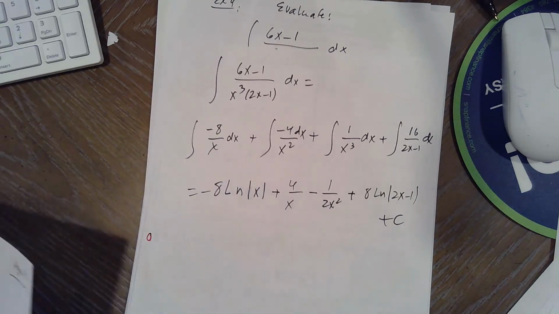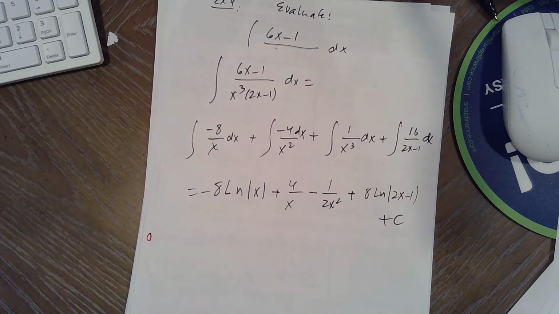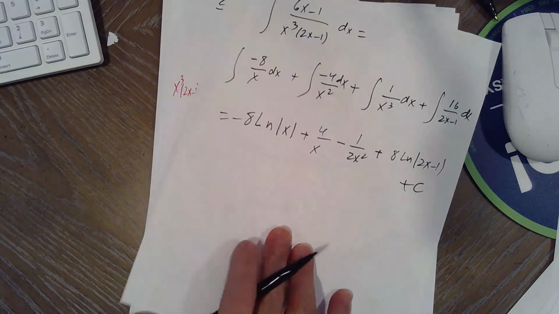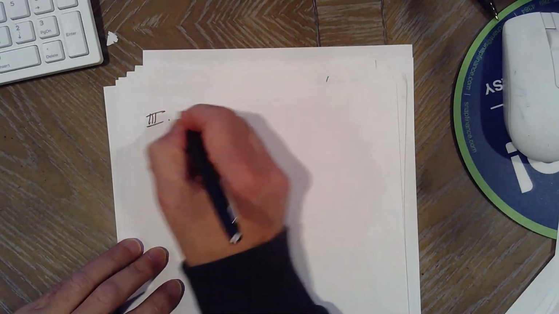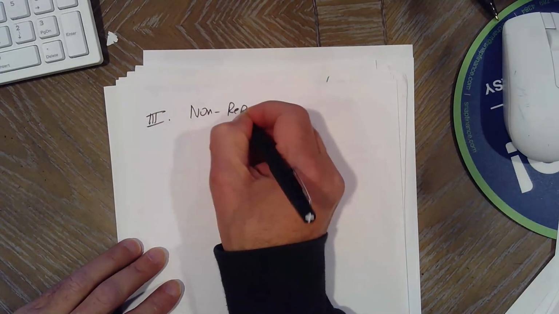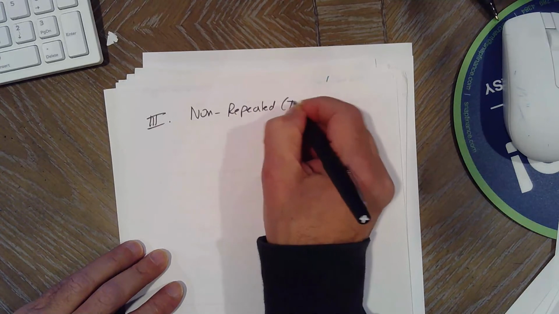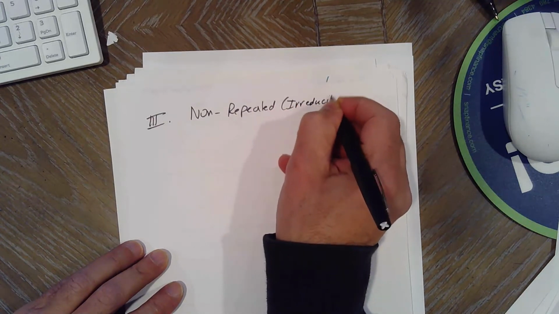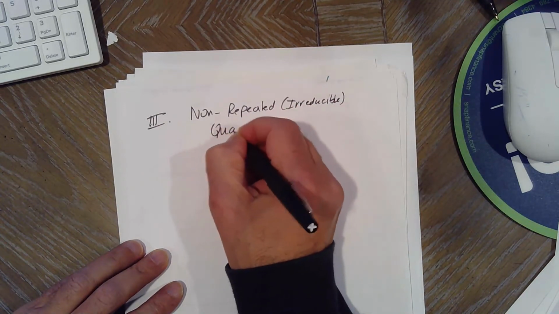Alright, so we've done linear factors, whether distinct or repeating. Then we're going to do quadratic. Number 3. We're going to talk about non-repeated irreducible, which means they're prime, quadratic factors.